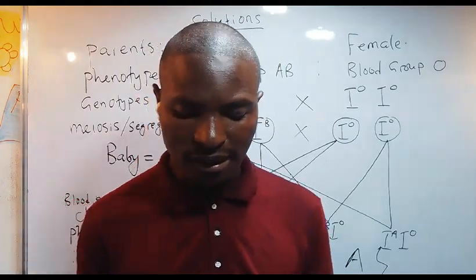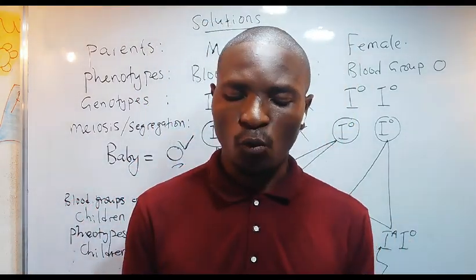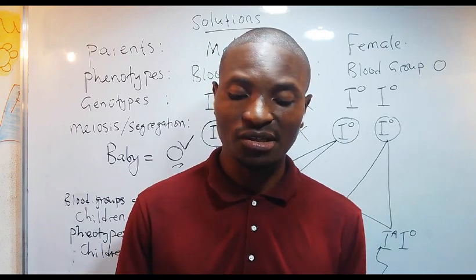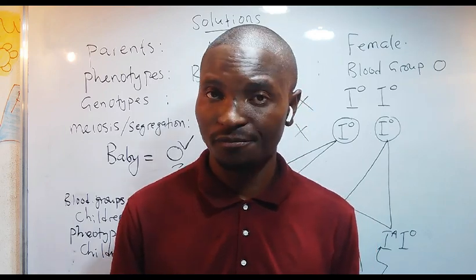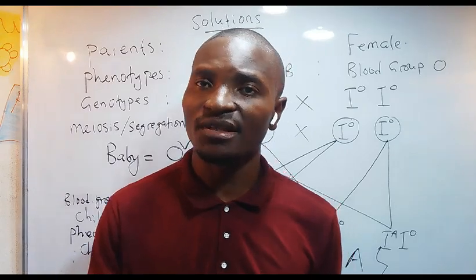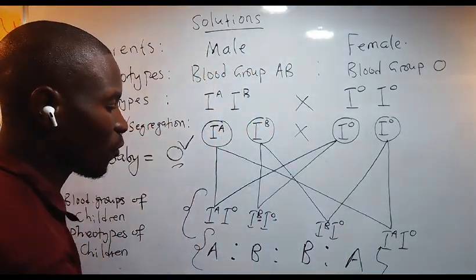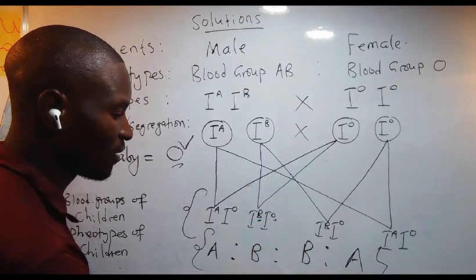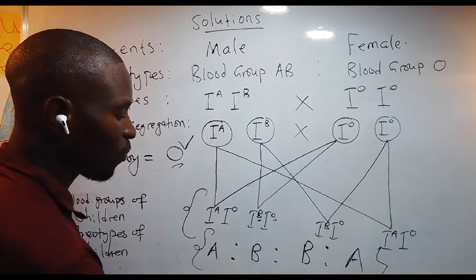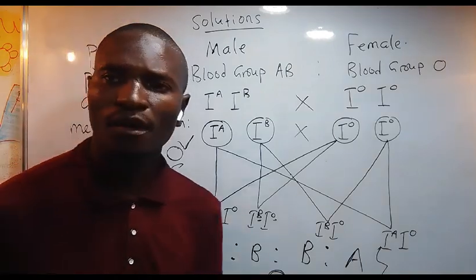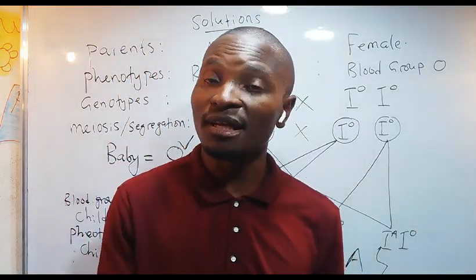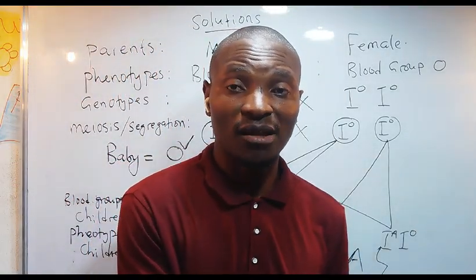Okay, now the last question is what could have been the correct genotype of the actual father? So here's the question: if one of the blood groups we have right here came as O, then what could have been the combination of the blood group of the father?